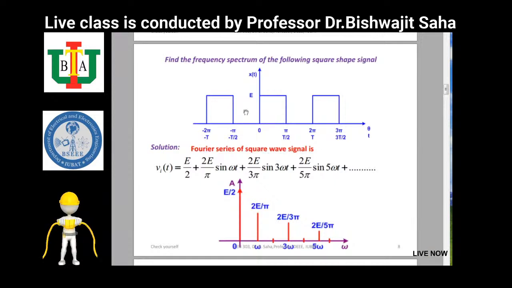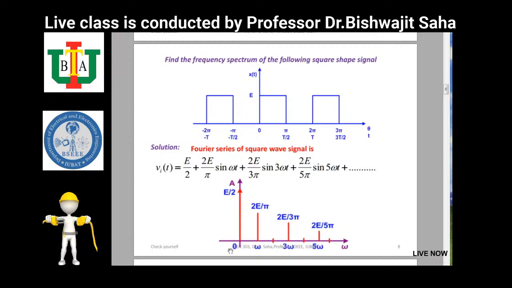As we have done the Fourier series in our last slides, we know it is E by 2 plus twice E by pi sine omega t plus twice E by 3 pi sine 3 omega t plus twice E by 5 pi sine 5 omega t, and so on. Hence it has the DC value plus the fundamental plus odd harmonics.